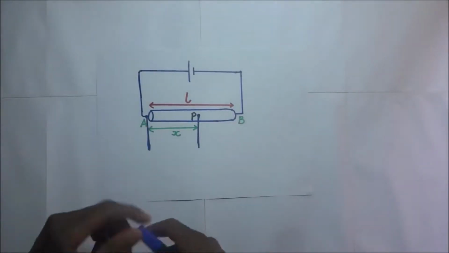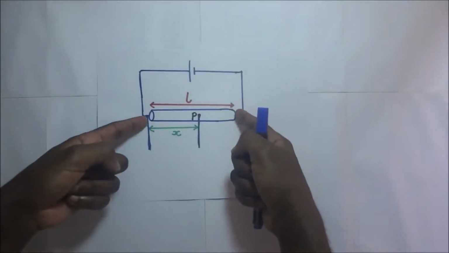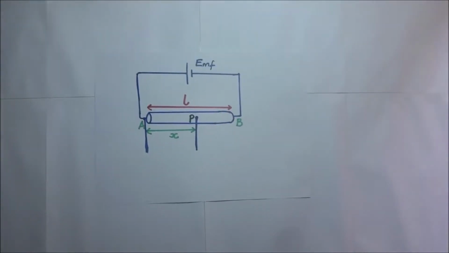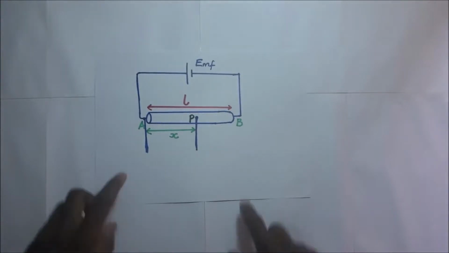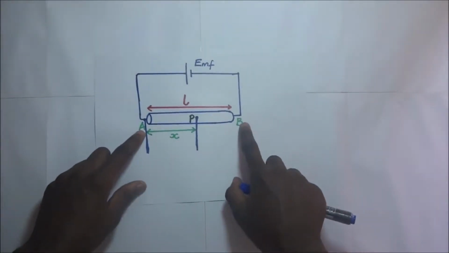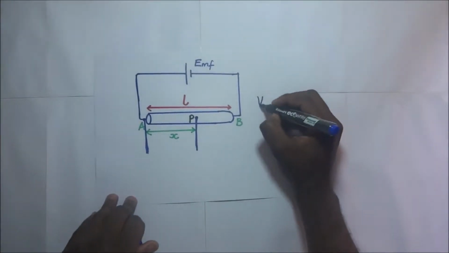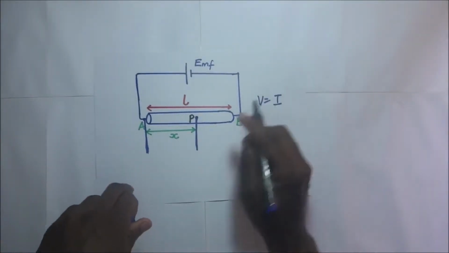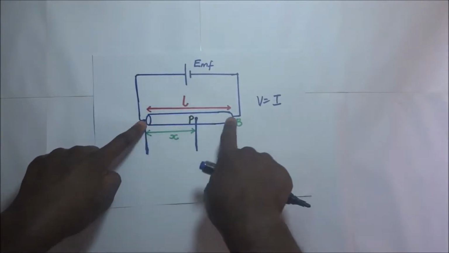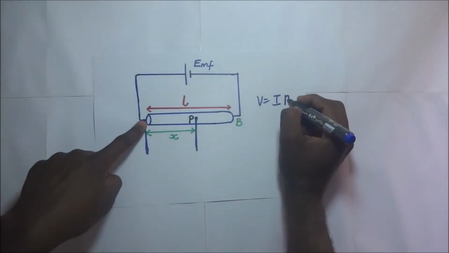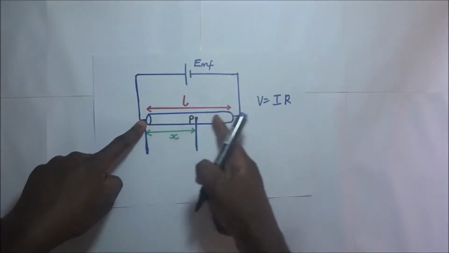Definitely this is a circuit now. The potential difference across that slide wire, VAB, is going to be given by V is equal to the current going through that slide wire times the resistance of that very slide wire.